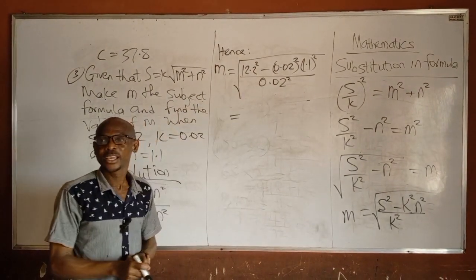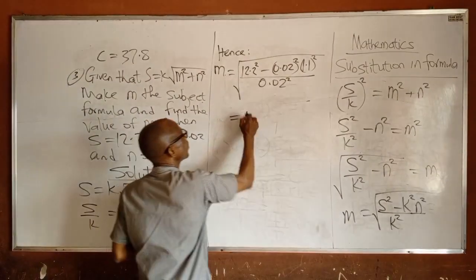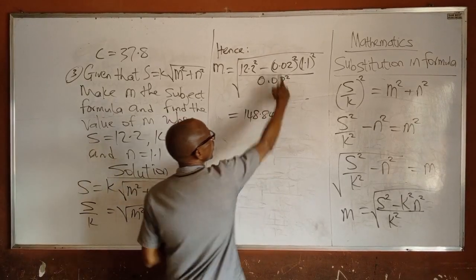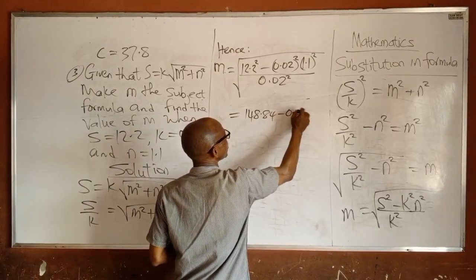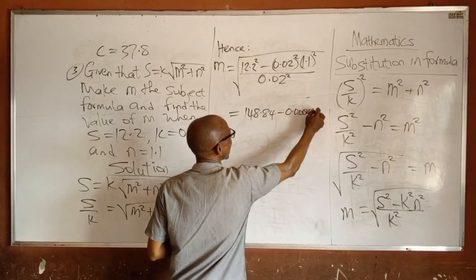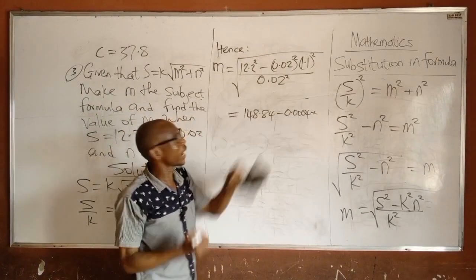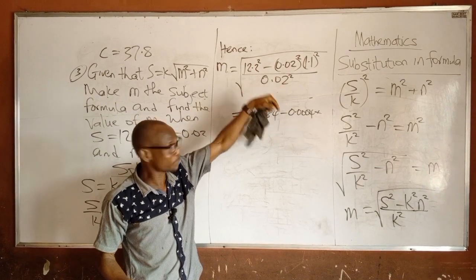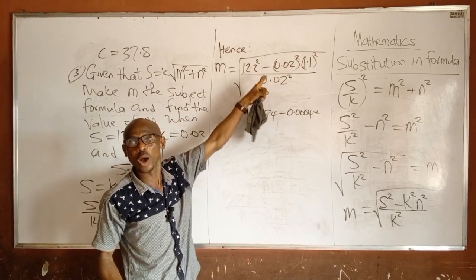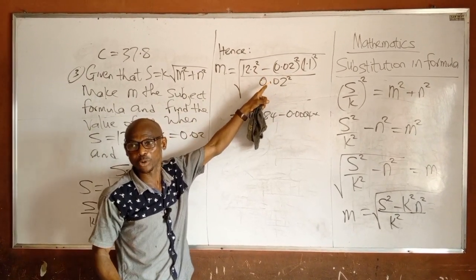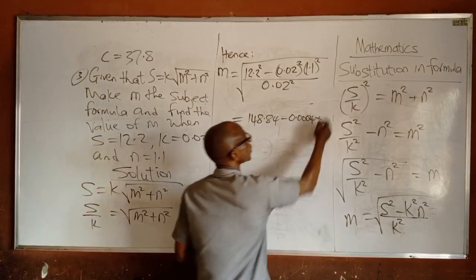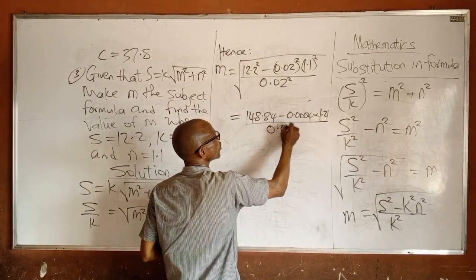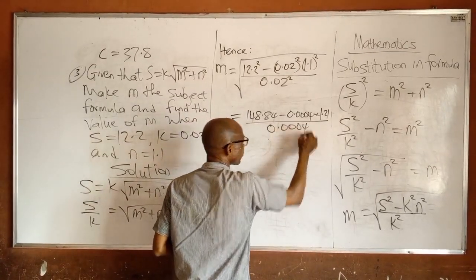So let's go. 12.2 square. If we can compute that, we are going to have 148.84 minus, this will give us 0.0004 times, when we square 1.1, which is 1.1 times 1.1, we are going to get 1.21, all over 0.0004.